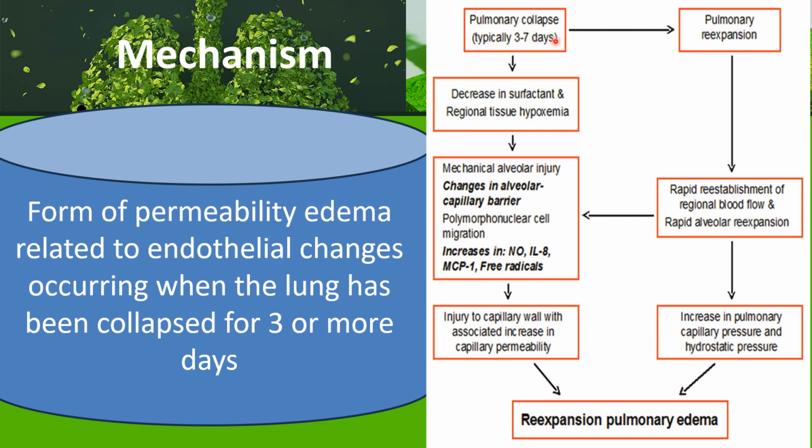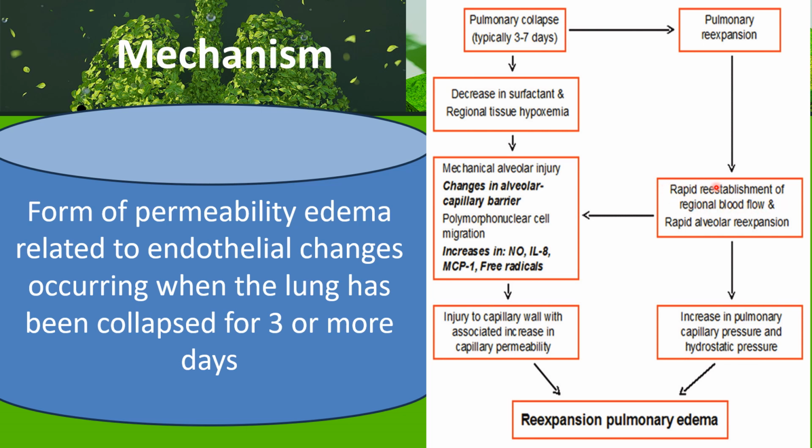So here is the mechanism. Collapsed lung, typically more than 3 to 7 days, then pulmonary re-expansion will happen with evacuation of the pneumothorax or aspiration of the fluid. Once fluid is aspirated, what happens? There will be rapid re-establishment of blood flow, because the lung was collapsed due to pressure, so the blood flow at that site was decreased.